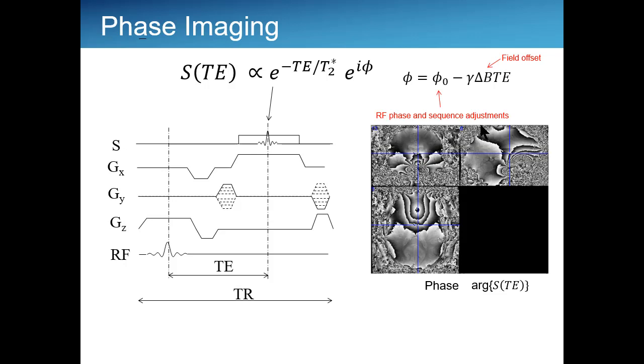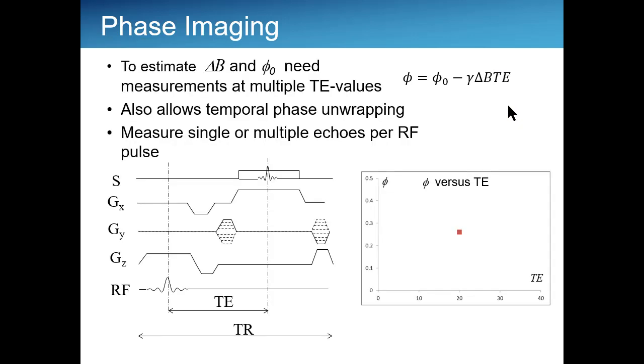An issue is, if we're trying to get to the ground truth of what the field perturbation is, that often there are other sources of phase variation present in the data, maybe due to RF interactions with the object or due to sequence imperfections. So to measure this value accurately, we need to have at least 2 measurements of the phase at 2 different echo times.